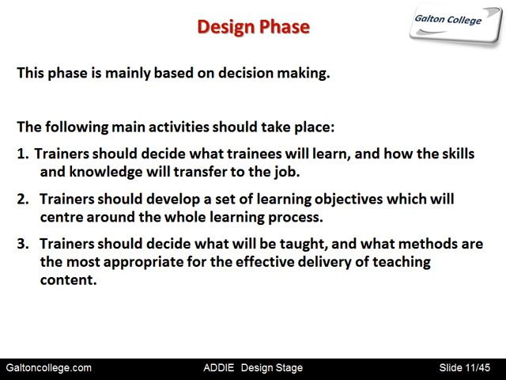So the objective is to teach the skills that are required, and then the trainers must decide how will the teaching take place. What's the most appropriate method? So the course is focused in on the required skills. Now it's a question of deciding how to teach those skills.